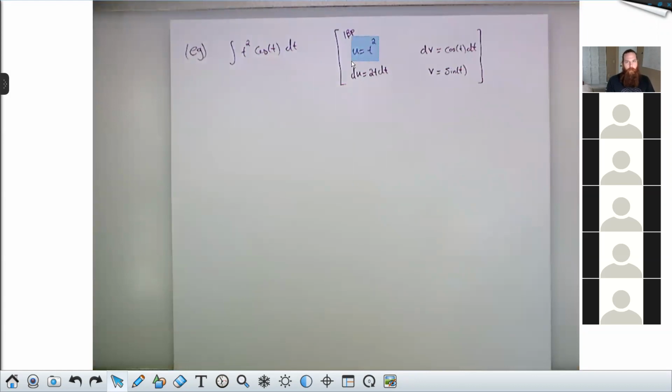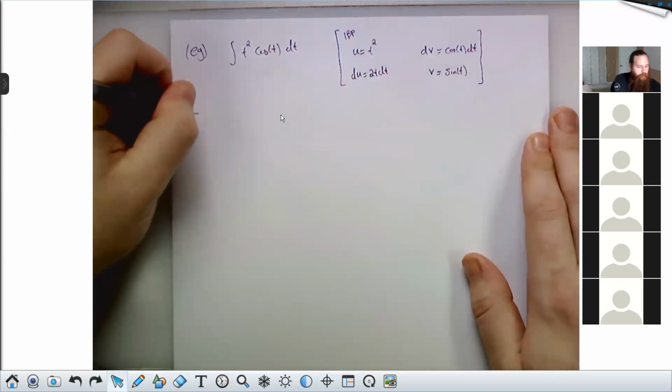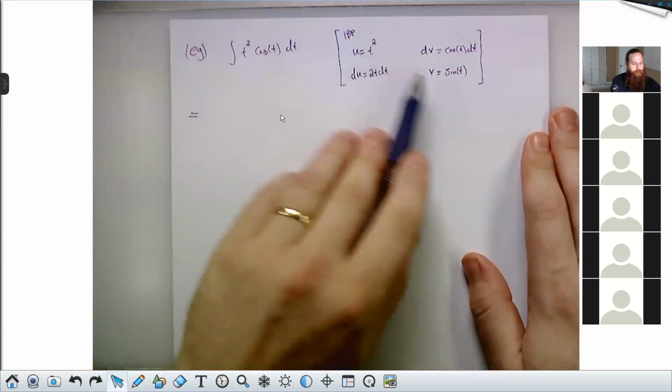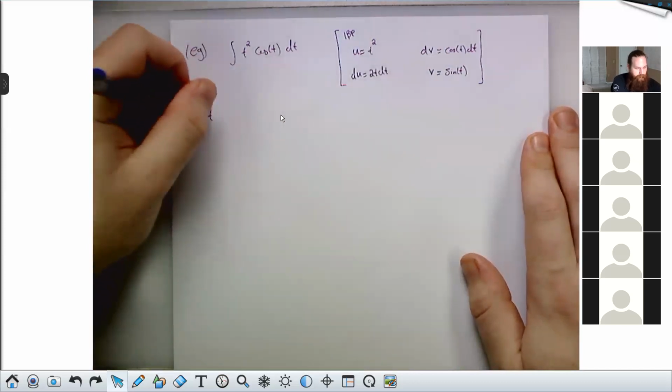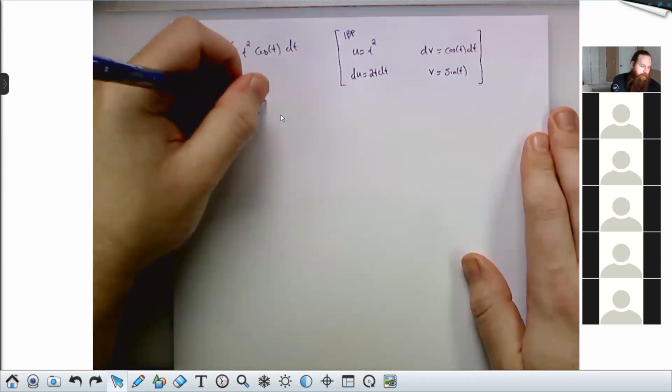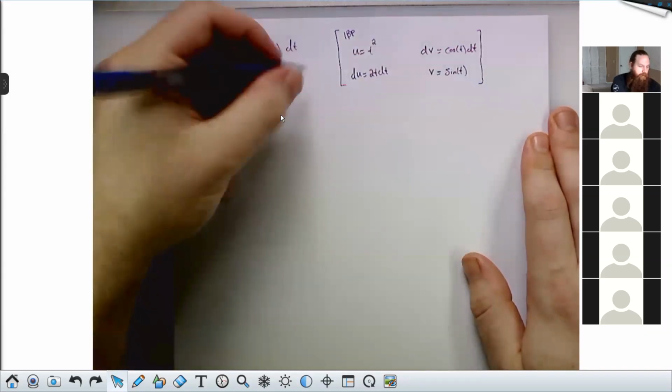So if I pick u to be the polynomial piece and dv to be everything else, then I complete my IBP table by finding du and v. It looks like this. And now I will plug all of this information into my IBP formula. And it says that the integral of t squared times cos t dt should be u times v, that's t squared times the sine of t, minus the integral of v times du.